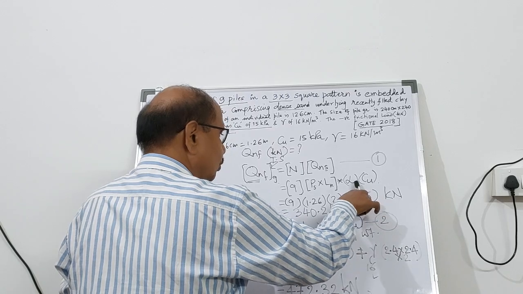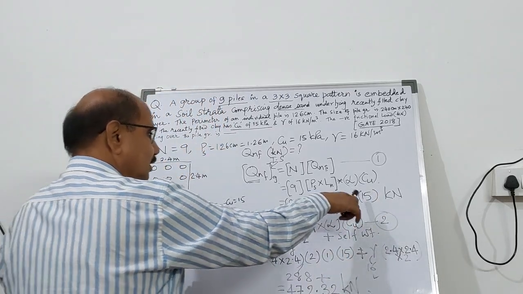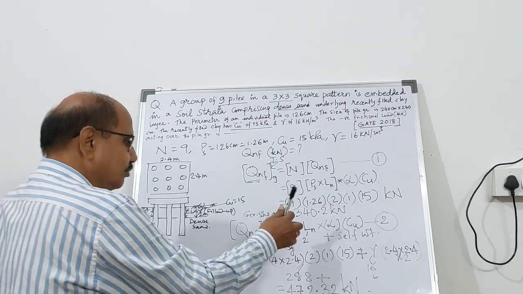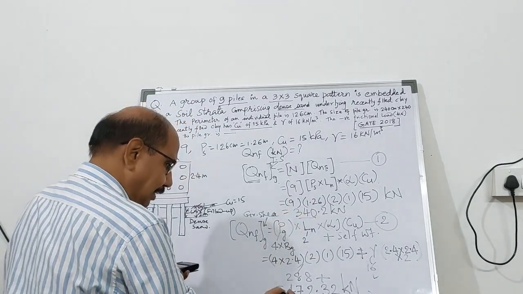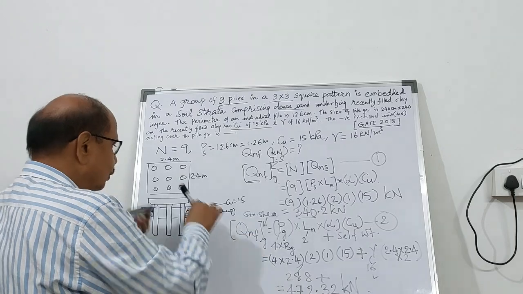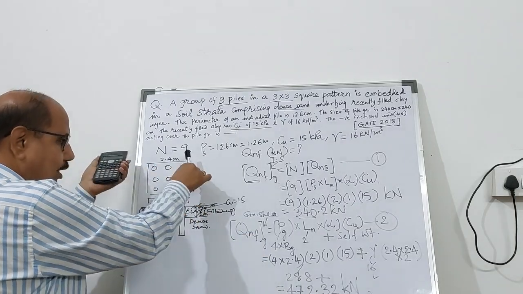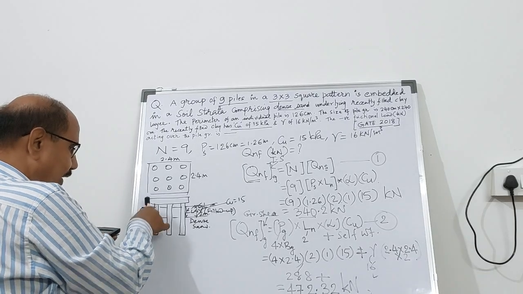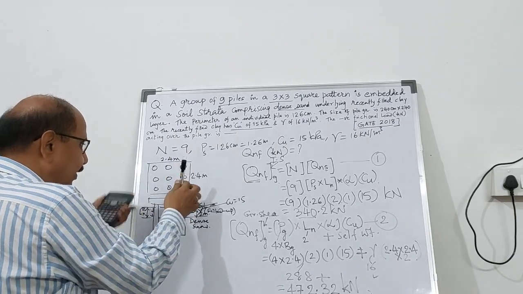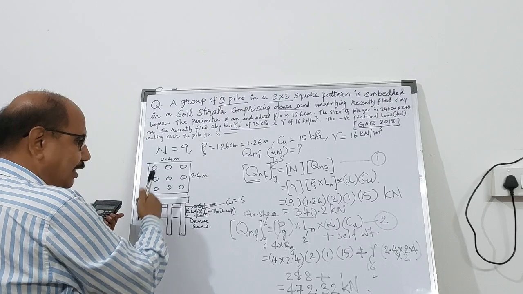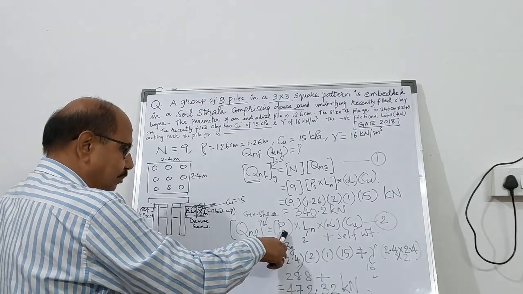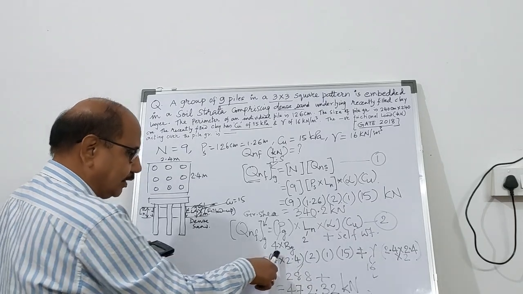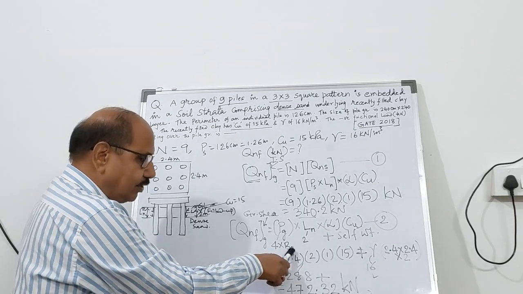The value of Cu, as you know, is only 15, so the alpha value will be 1, so it gives you 340. And here on group, we are taking the complete perimeter of the group because the drag force is acting on the periphery. So when it is acting on the periphery, you should take the perimeter of the group, that is 4 times, because it is a square pattern, it will be 4 times the width of the group.